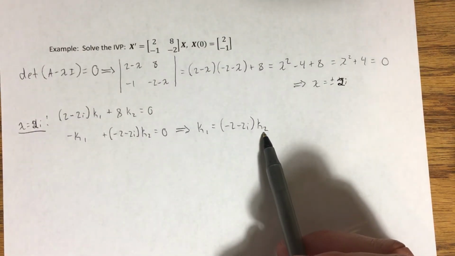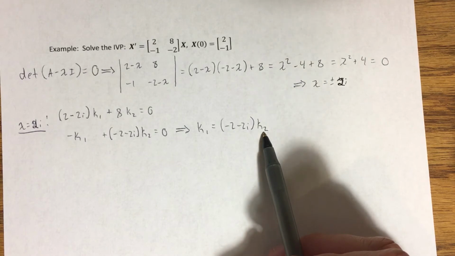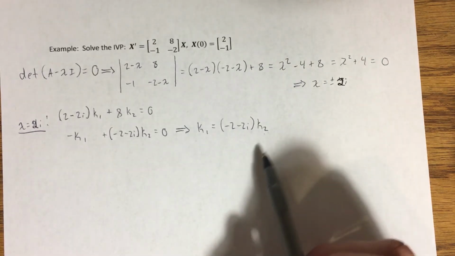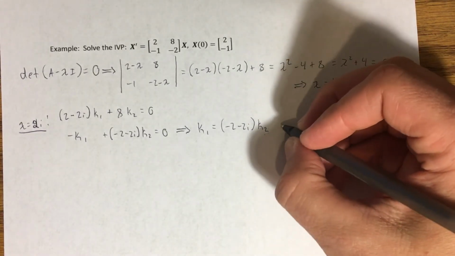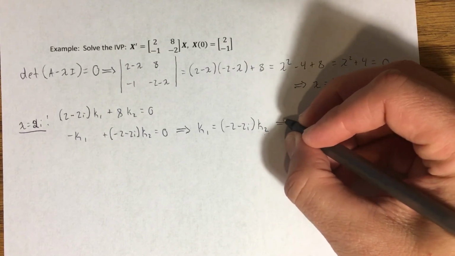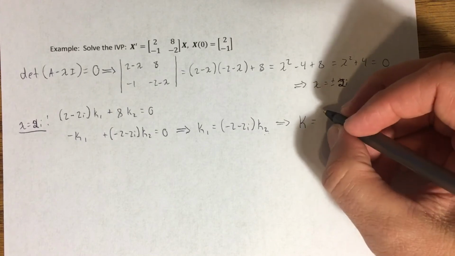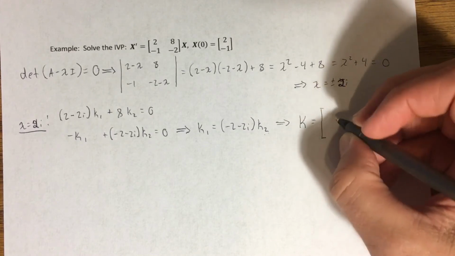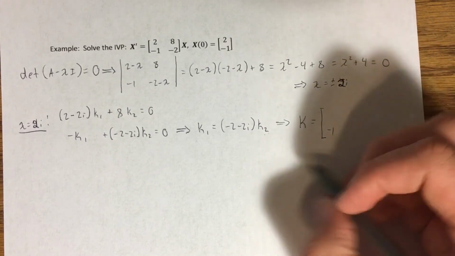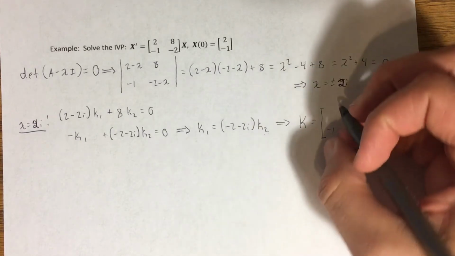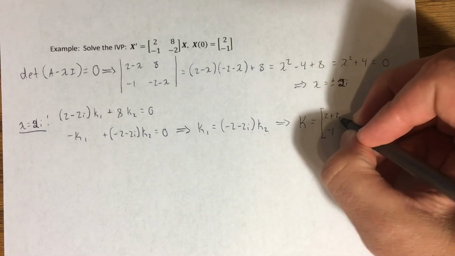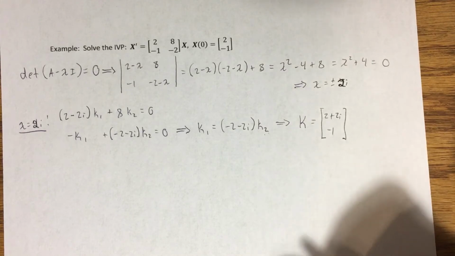I could set k2 equal to 1, but I'm going to choose negative 1 so that I can turn these negatives into positives, just to make it a little bit simpler. So my vector K is equal to, with negative 1 as k2, k1 would be positive 2 plus 2i.